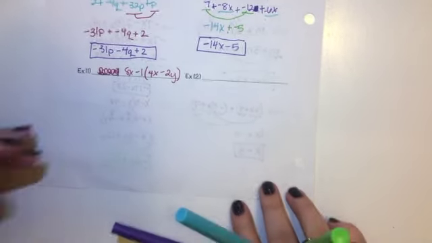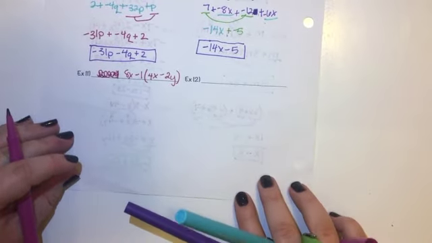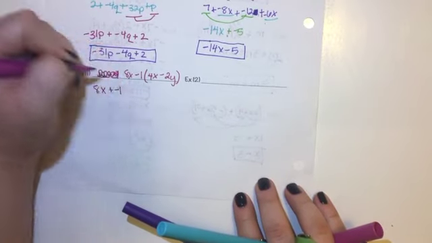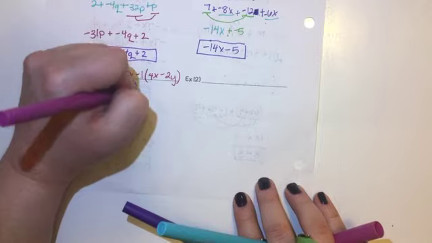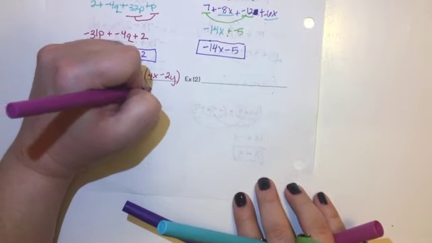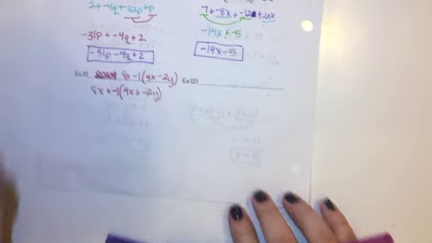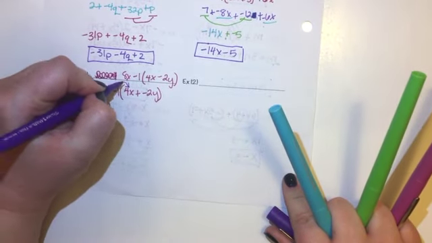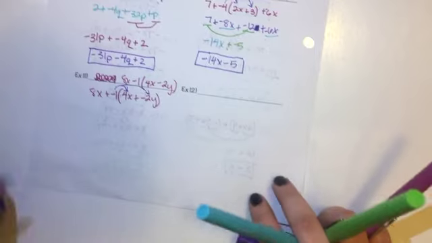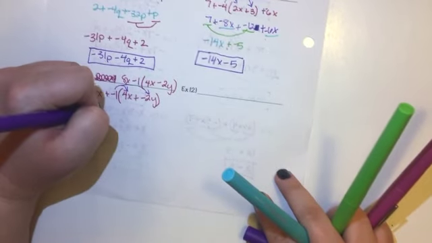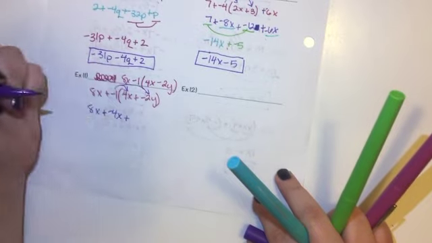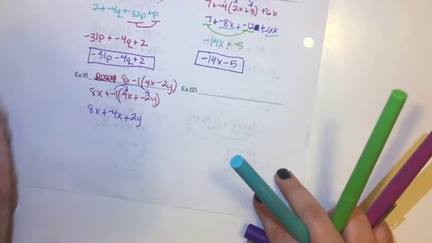So what I'm going to do here is rewrite this, but instead of subtracting, I'm going to add the opposite. So I've got 8x plus negative 1 times the quantity 4x plus negative 2y. Now I'm going to go ahead and distribute my negative 1. This leaves me with 8x plus negative 4x plus positive 2y.